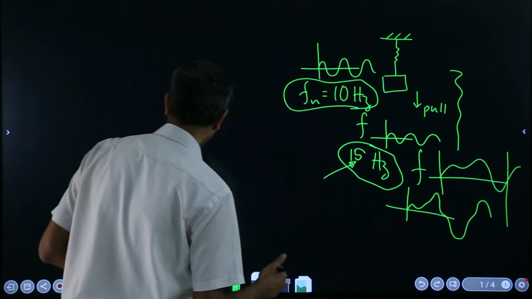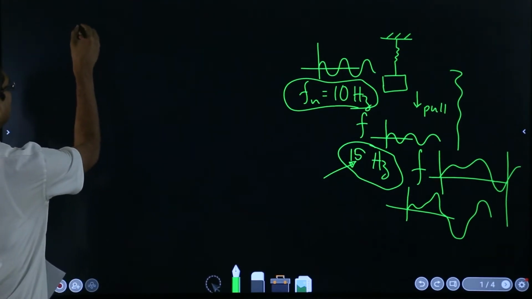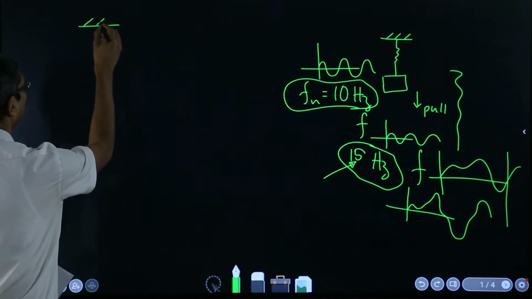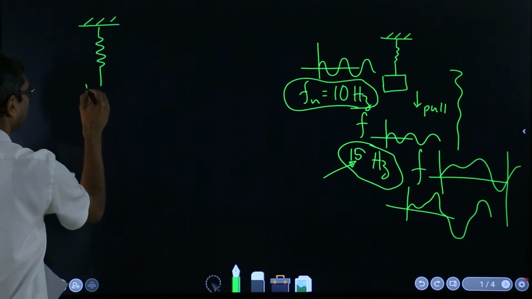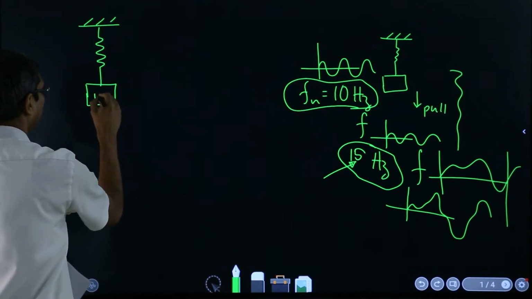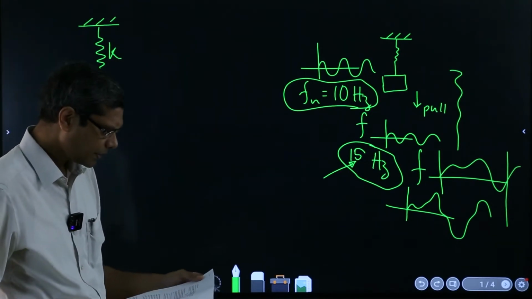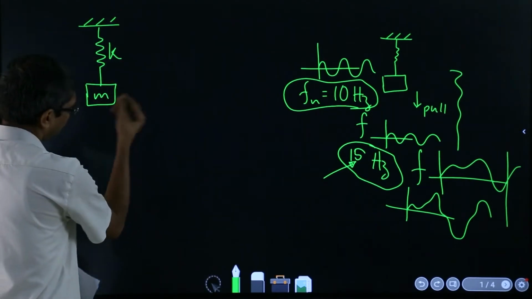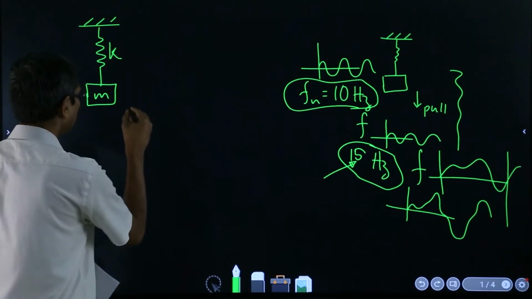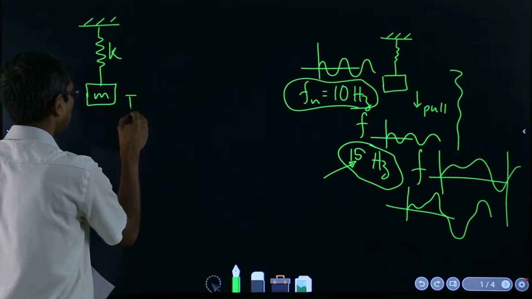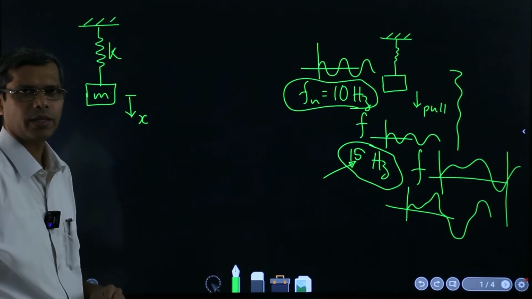So we will start with the simplest spring mass system, as I had told you earlier, that there is a spring and there is a mass m, stiffness k, and suppose from the equilibrium condition you are measuring x to be in this direction, okay.